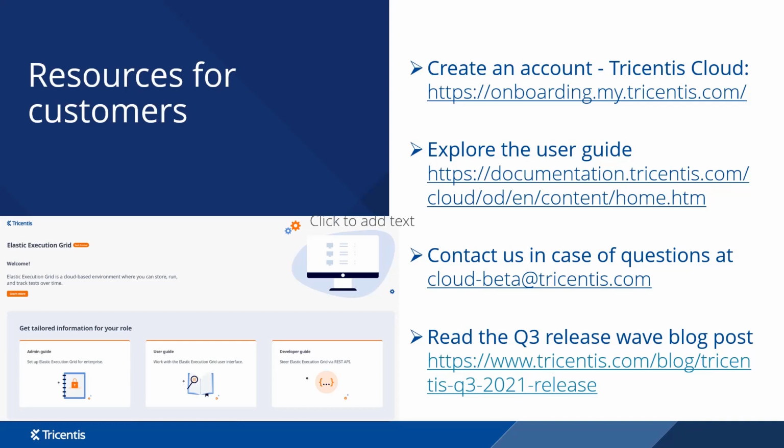The next question is, can I use Elastic Execution Grid outside of Tosca Commander? Yes. By reading over the documentation, you can understand how our agents are working. You can create your own runners, and by creating your own runners, you can then connect the agents to Elastic Execution Grid.